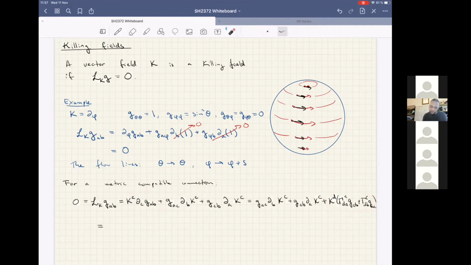But now I can collect here. From this term I have a g_AC, and I have a g_AC there as well. So I can collect that term. And then I have ∂_B K^C plus Γ^C_BD K^D, and plus the corresponding term then for the other one. And what we note here is that this expression is nothing else than the covariant derivative of K^C.